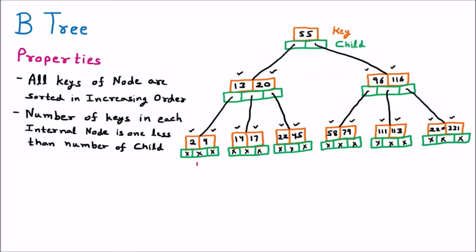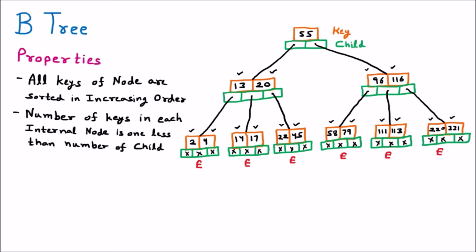This is an external node, similarly this one, this one, and this also. These are all external nodes because they have no further children. Any node which has no children is called an external node or a leaf node. So the meaning is the same.